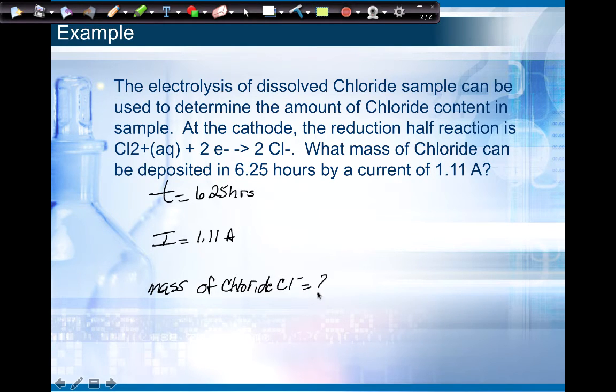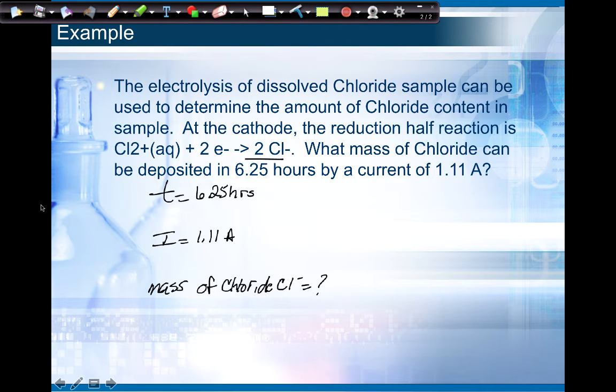Well, it gives me a reaction, so if I'm looking for the mass of chloride, if I know how many electrons have been transferred, I can figure out the mass of chloride. So this is ultimately what I want. If I'm looking at this reaction, I can get my moles of electrons and then figure out what that is.